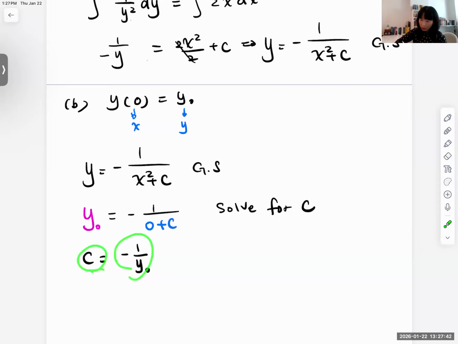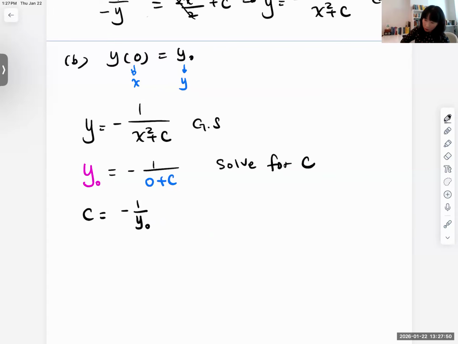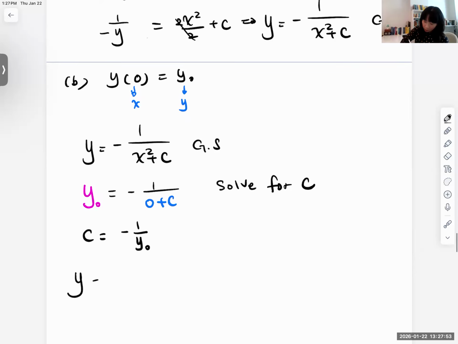Now c equal to that. Normally we input the c, then that is the particular solution. All right. So y equal to negative 1 over x squared plus c, where c is negative 1 over y naught. I never read, huh?